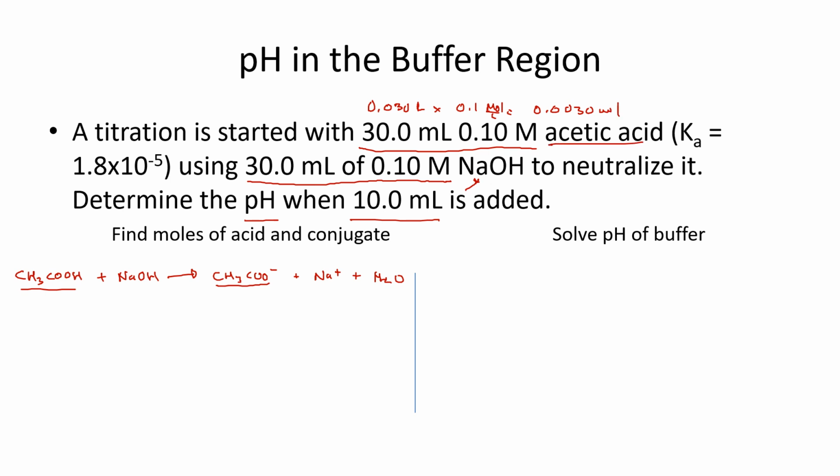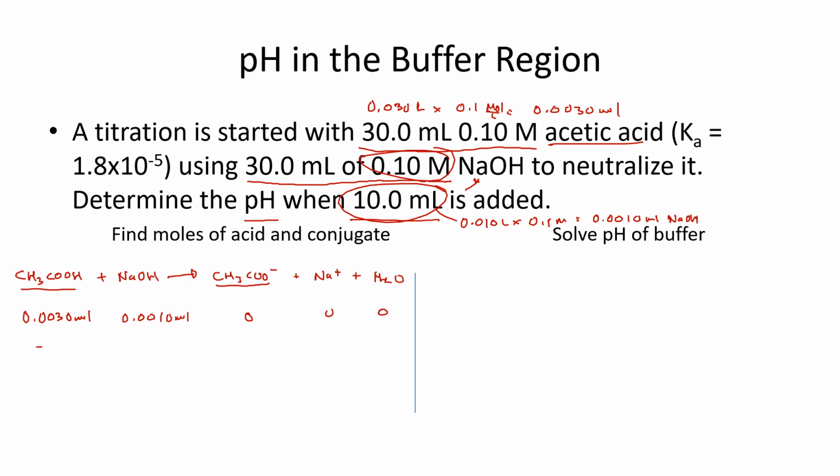And then the same thing, we got 10 milliliters of 0.1, so that's 0.010 liters times 0.1 moles per liter, and again it's 0.001 moles of the sodium hydroxide. Great, so we can stick that in down here. We've got 0.003 moles of the acid, 0.001 moles of the base, and we got none of these to begin with.